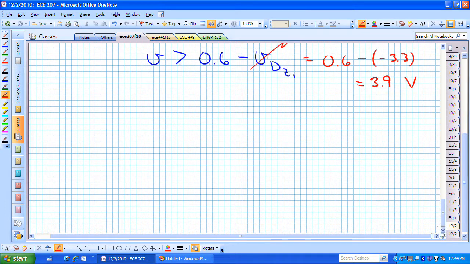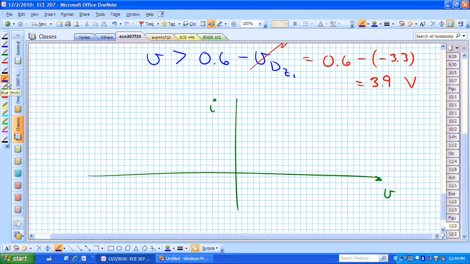If that's the case, then we have this voltage-current relationship. The only way that circuit in those two terminals is going to have current flowing is when the voltage V becomes larger than this 3.9 volts.